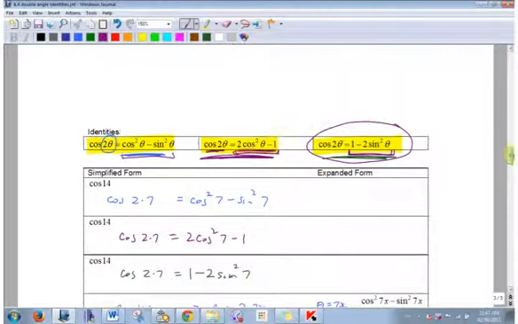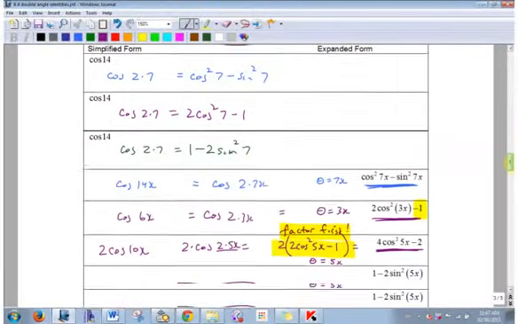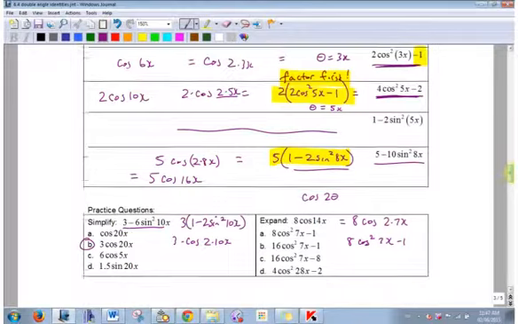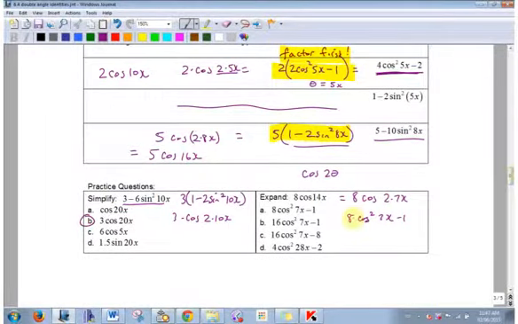Let's go look at it. 2 cosine squared theta minus 1. So what am I missing? A 2. Almost fell into their trap. So that's a 16 there.